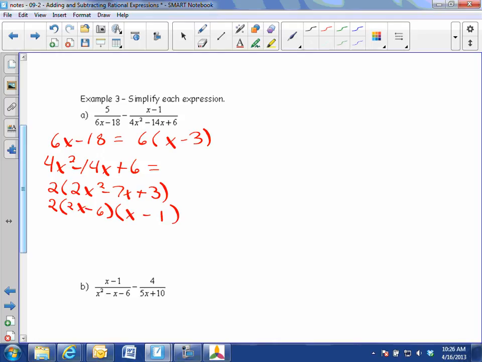Negatives. Does that work? Should we switch it? Let's see. We got 2 and 6. Never mind, I put 2s on both sides. Why'd you take out the 2?